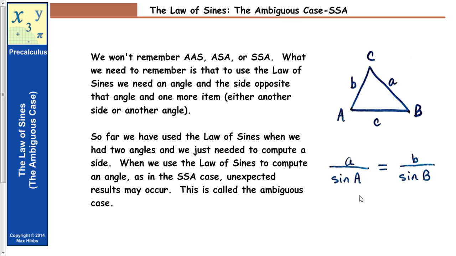So we were given two angles, and one of them was opposite a side we already knew, and we calculated a third side whose opposite angle we knew.